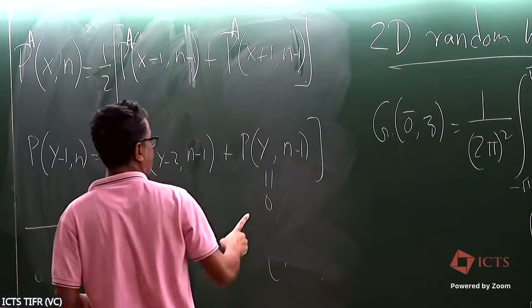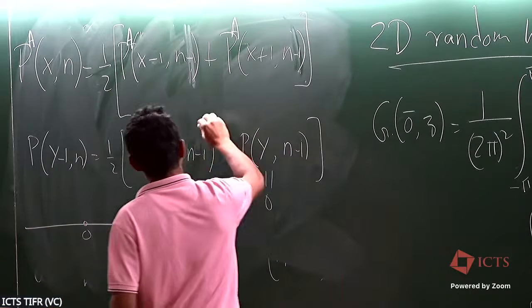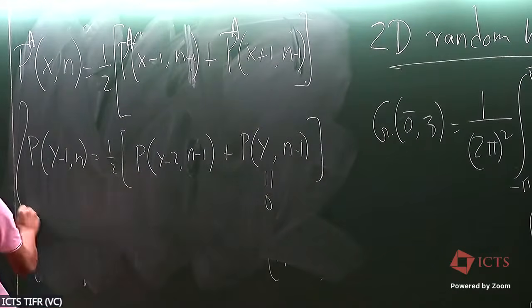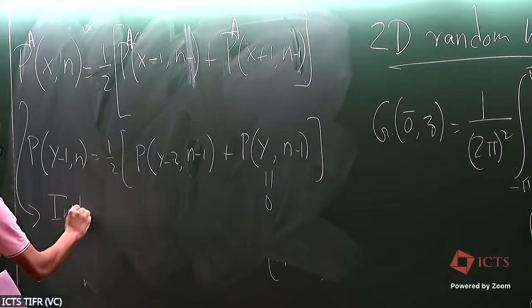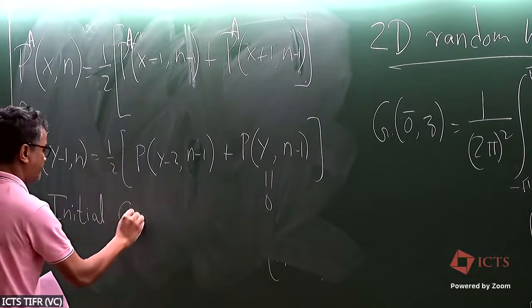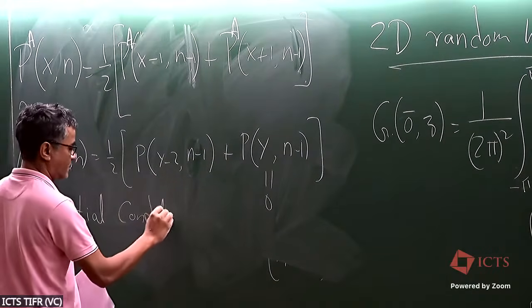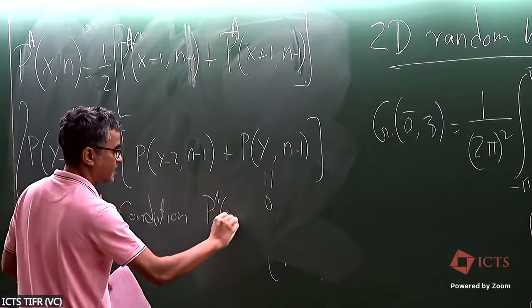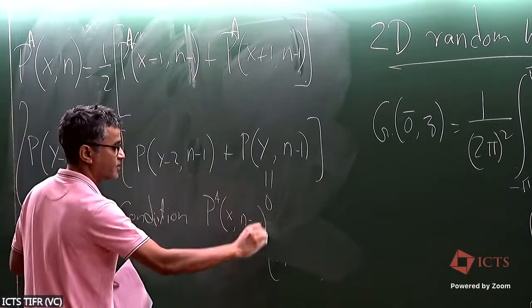So we want to solve this equation with the initial condition PA x at n equal to 0.